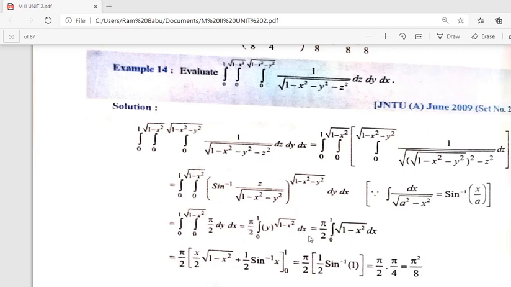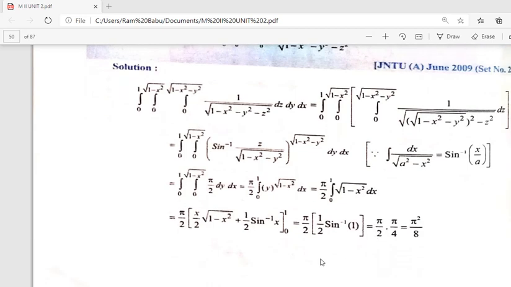Okay, therefore pi by 2 into, replace y with root of 1 minus x square, there is root of 1 minus x square, minus replace y with 0, minus 0, that is pi by 2 into integral with the limit 0 to 1 root of 1 minus x square dx.